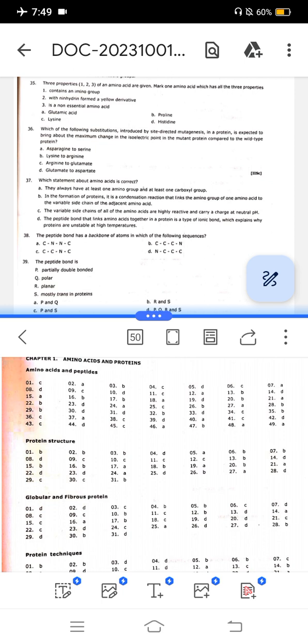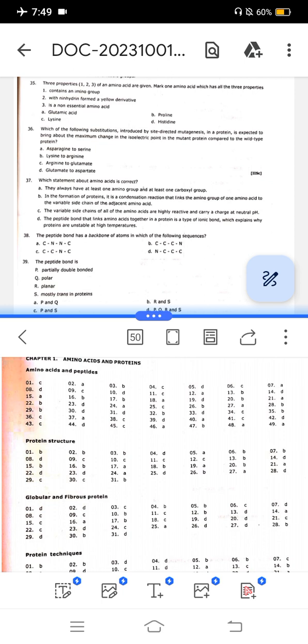And which statement about amino acids is correct? The answer is actually A. They always have at least one amino group and at least one carboxyl group. That's true. All other statements are wrong. In the formation of proteins, it is a condensation reaction that links the amino groups of one amino acid to the variable side chain of the adjacent amino acid.